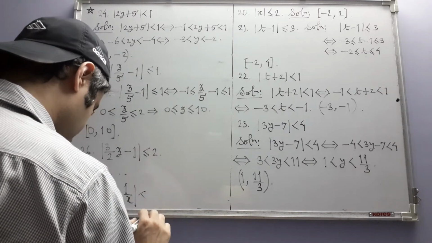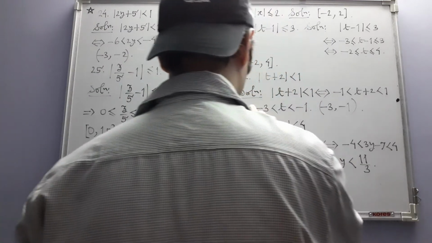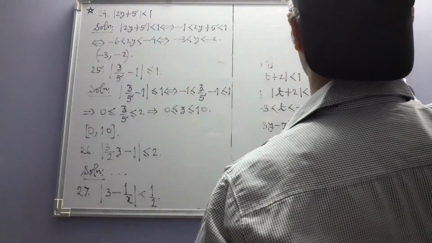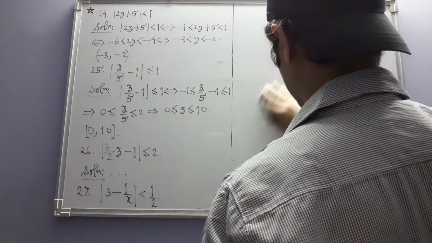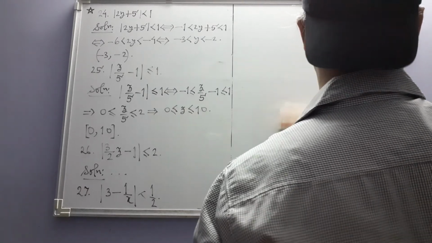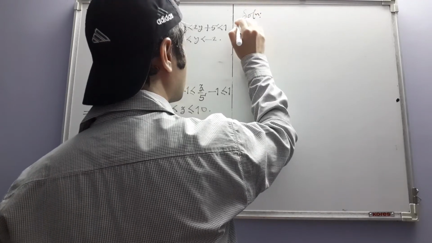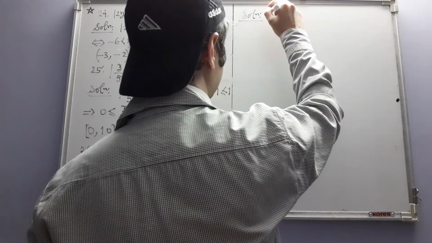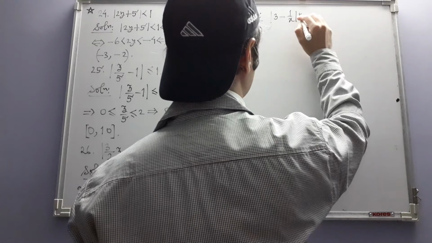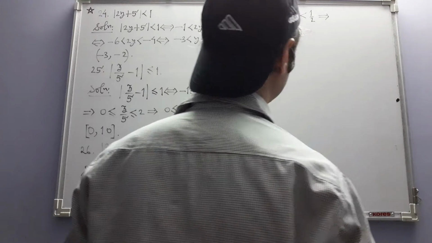This is less than 1 by 2. We start the solution just like any other solution, but in between there is a step whose justification needs something new.